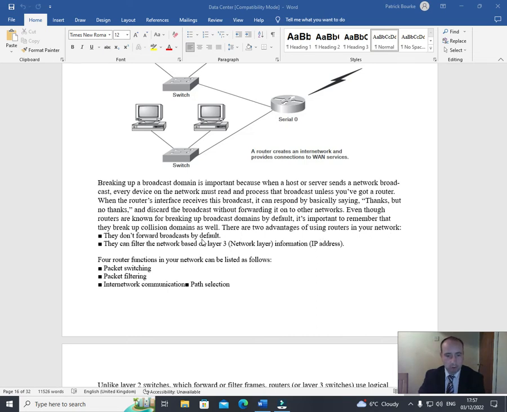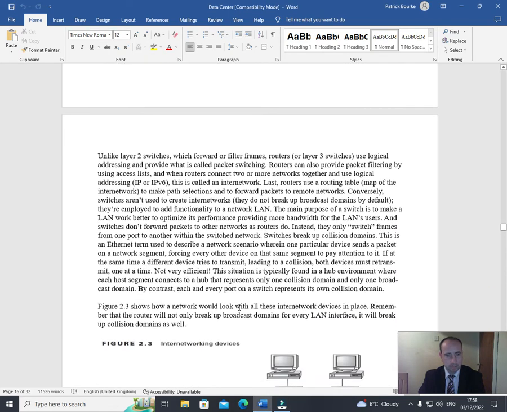They don't forward broadcasts by default. They can filter the network based on layer 3 network layer information, such as IP address. Four router functions in your network can be listed as follows: packet switching, packet filtering, internetwork communication and path selection.